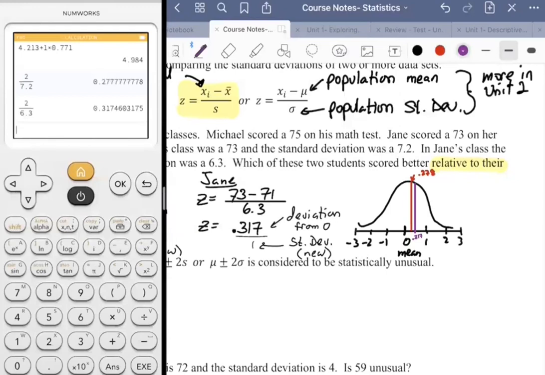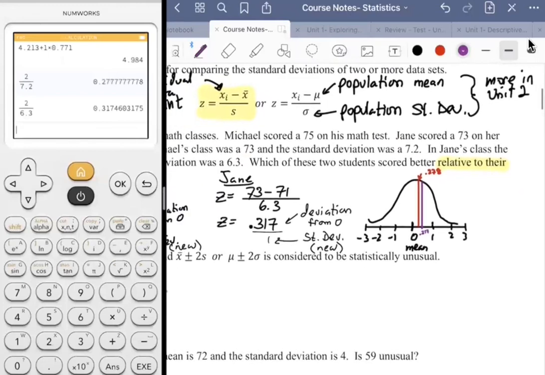Right? And that's because it took fewer strokes for you to get the ball into the hole. If it took a person 100 strokes to get the ball in the hole and it only took me 3, I'm probably a better golfer. Right? So that's the idea there. You just got to look at it and say, okay, is a higher number a better score? All right. So in this case, yes. So we would say Jane performed better relative to her class.